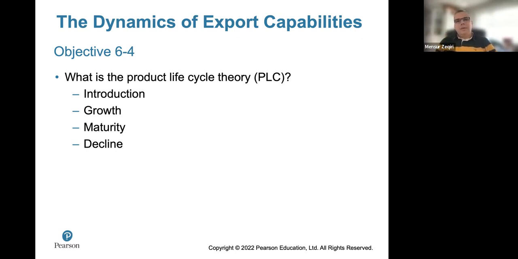And this can be mainly explained by the PLC theory, which is the product life cycle theory. This theory states that the production location of certain manufactured products shifts as they go through their life cycle. And we know that there are four main stages of the PLC. It's the introduction of a product, then comes the growth, then you reach maturity.